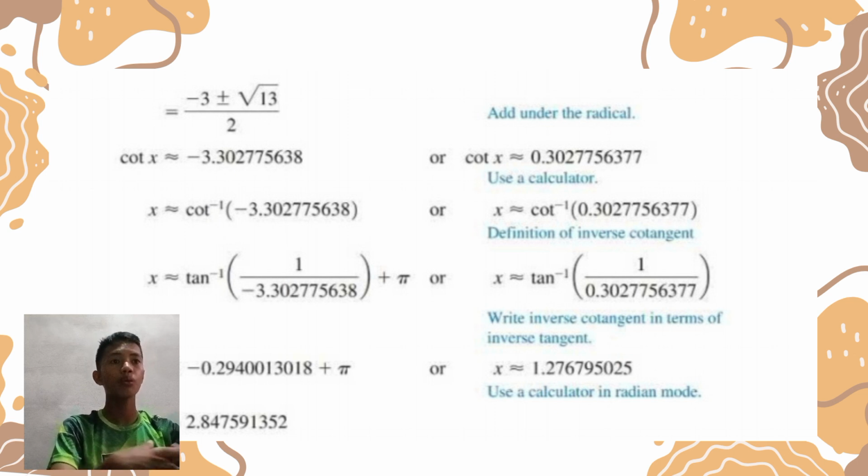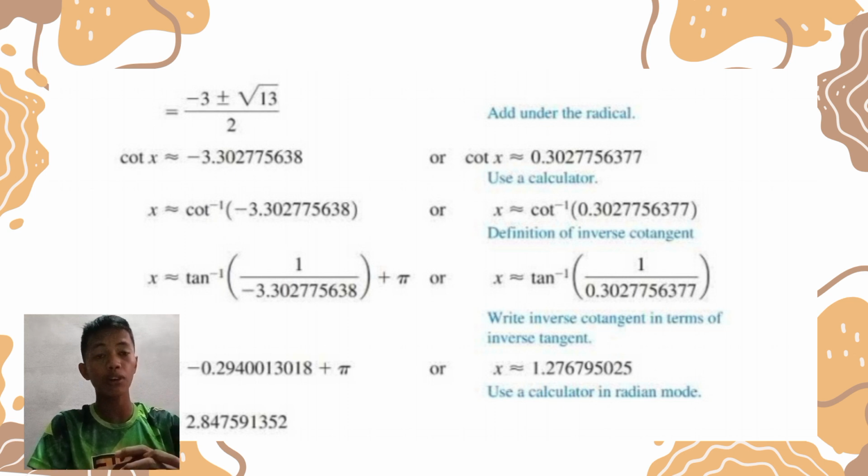Then we solve for it. First, cotangent x is equal to negative 3.302775638, or cotangent x is equal to 0.3027756377. We have to use a scientific calculator for this.